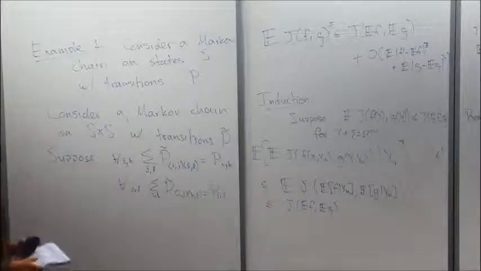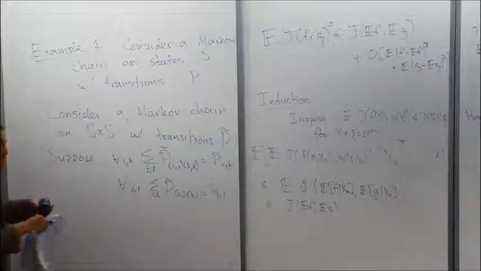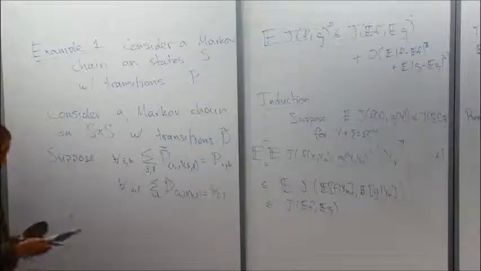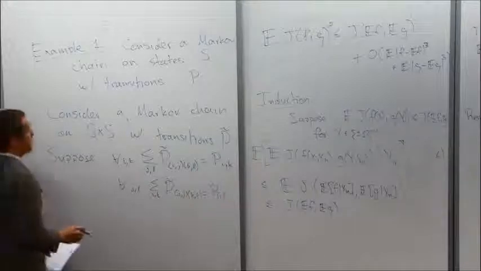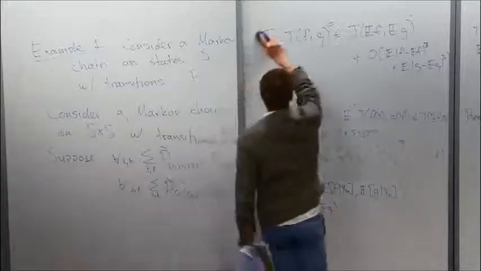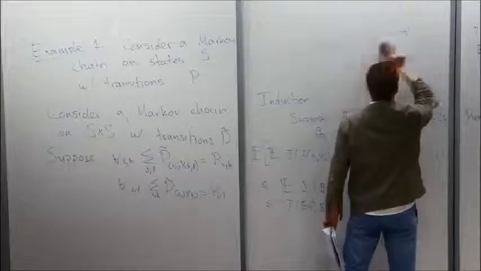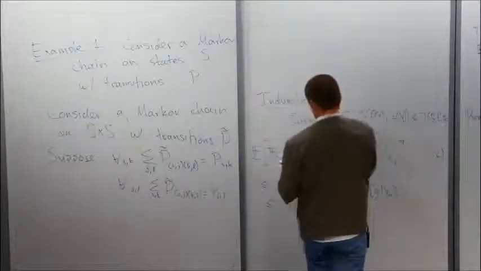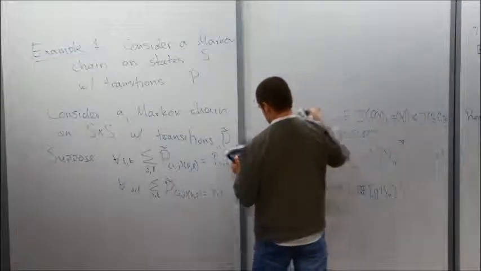And now I need a condition that's going to tell me that the Markov chains at each step have correlation at most rho. Well, if you just think about it for a second, then this is what you come up with.